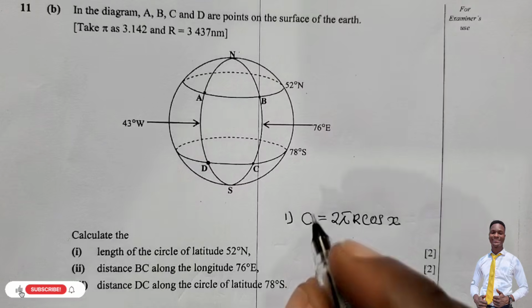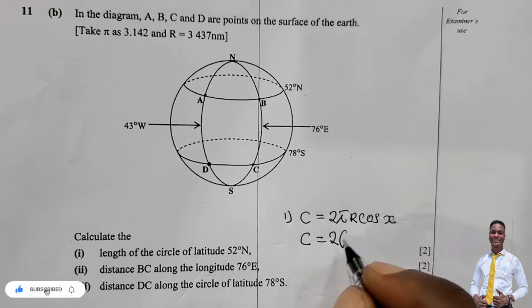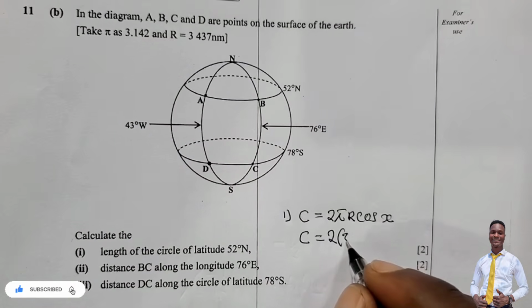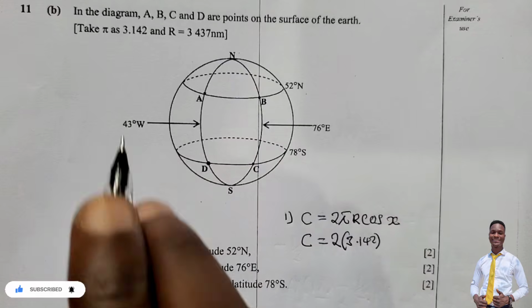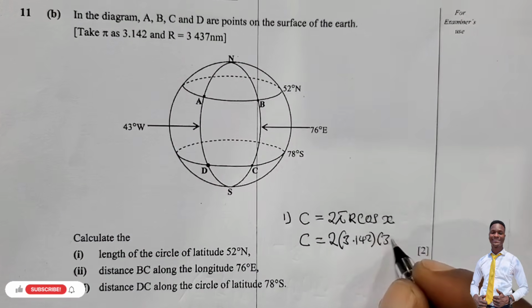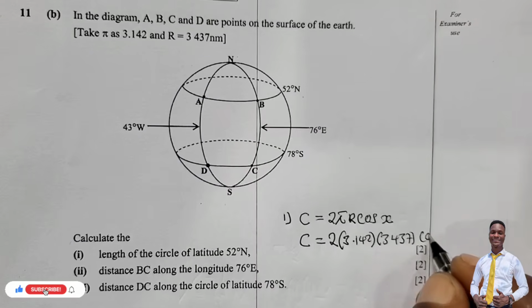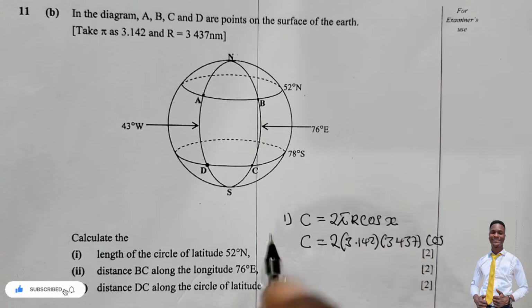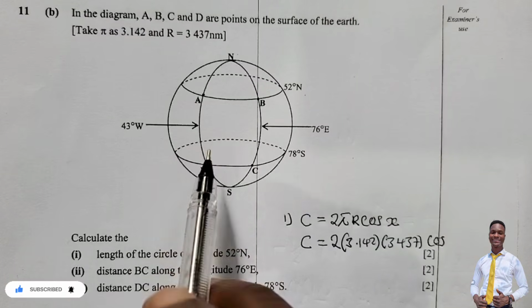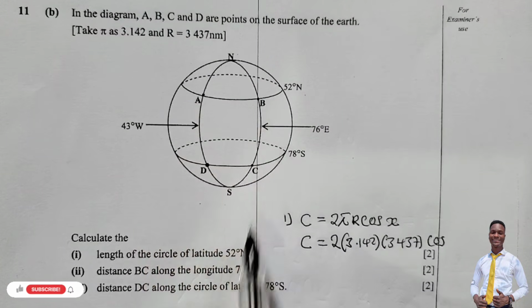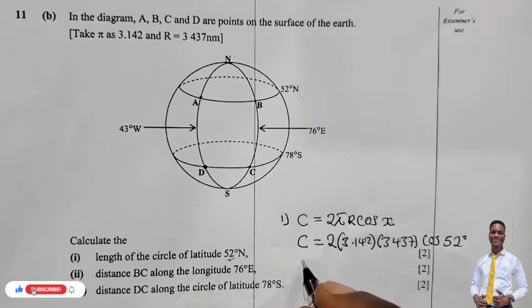Now let's substitute: 2 pi is 3.142, radius of the earth is 3437, cos x, where x is the latitude in which this circle is. So the latitude is 52, we're going to just substitute with 52 degrees.